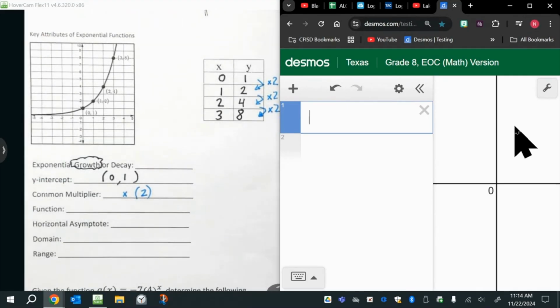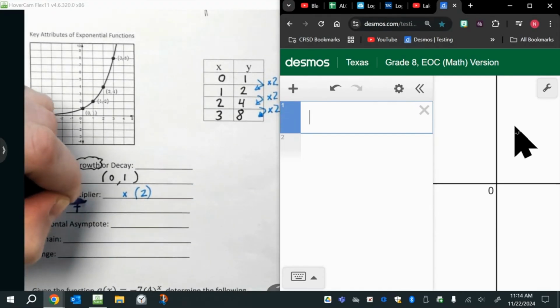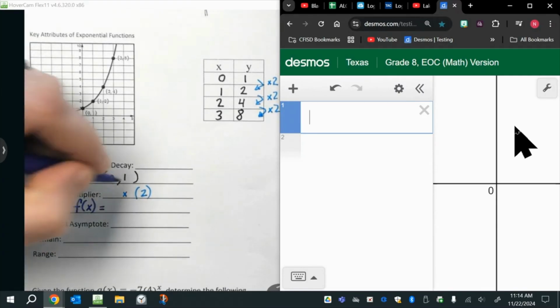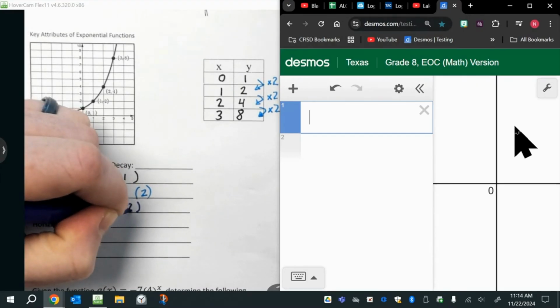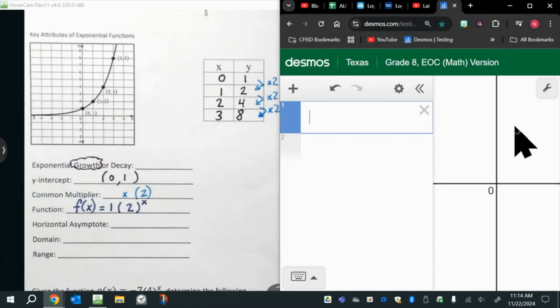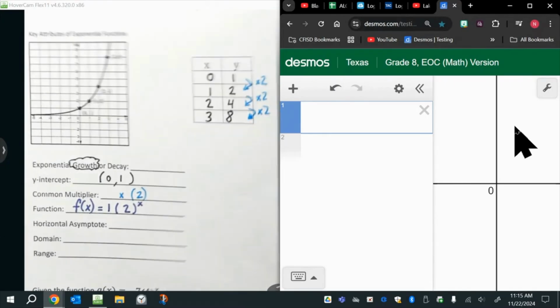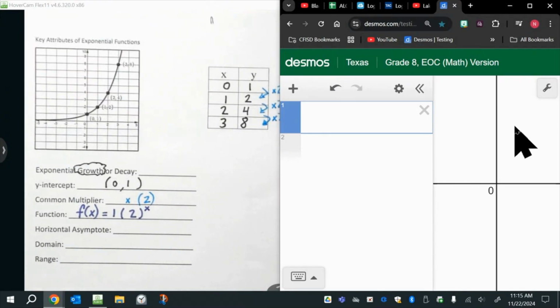So the function is going to be f of x, which is a function of x. My y-intercept begins at 1, and it is doubling each time.